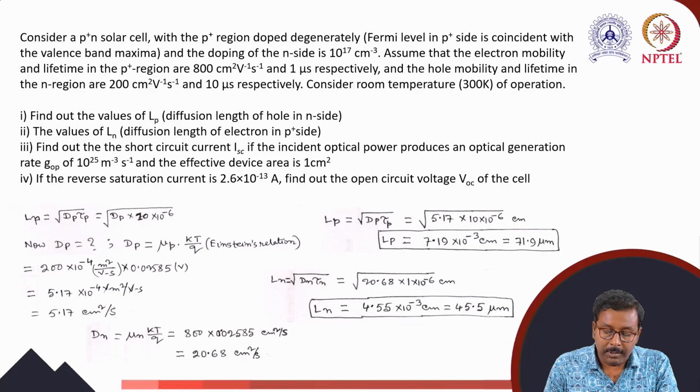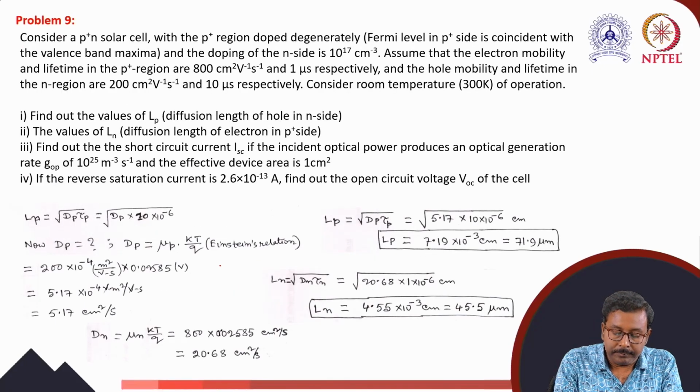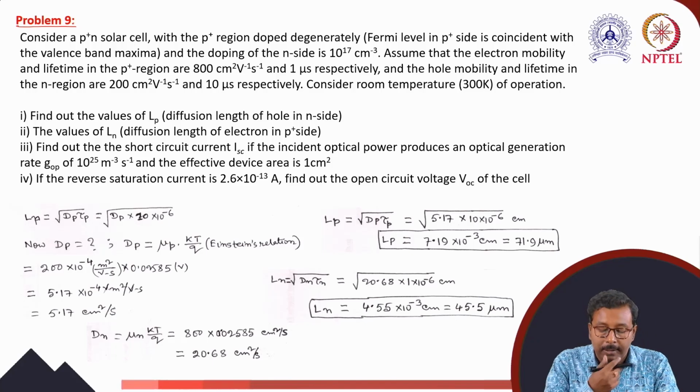Another problem. This will be problem 9 here. Consider a P plus N solar cell with the P plus region doped degenerately. Fermi level in P side is coincident with the valence band maxima. The doping of N side is 10 to the power 17.